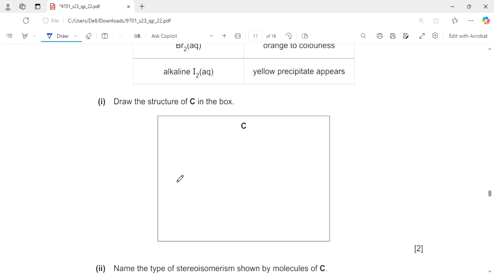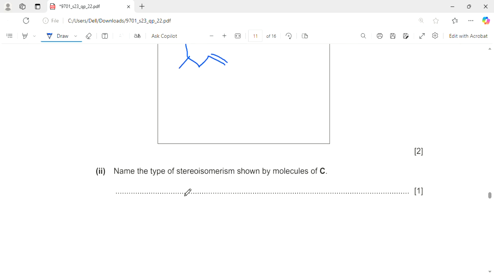So draw it with these 5 carbons: 1, 2, 3, 4, 5. There is an alkene group, and there must be an alcohol. I'm just drawing for information purposes only. Now move to the next part.